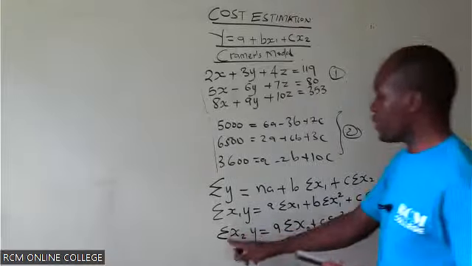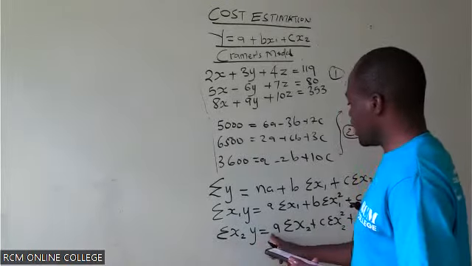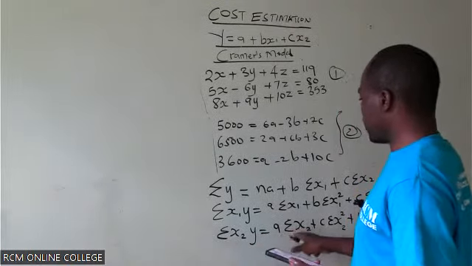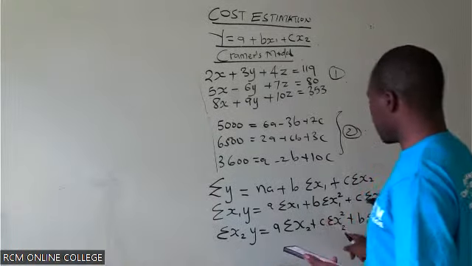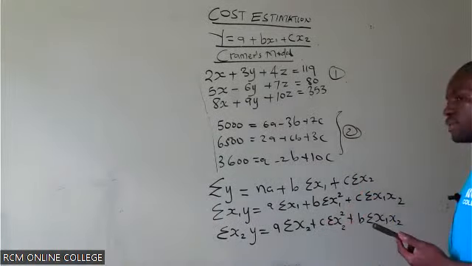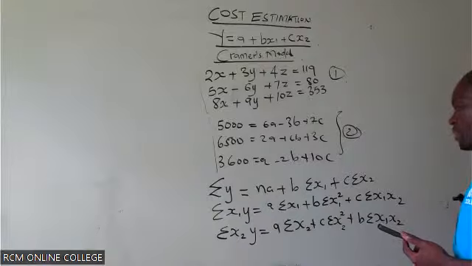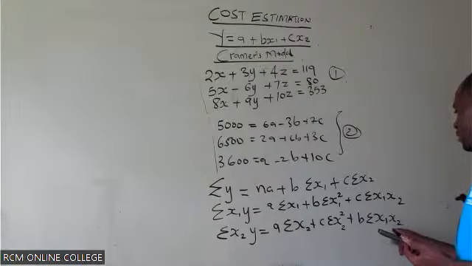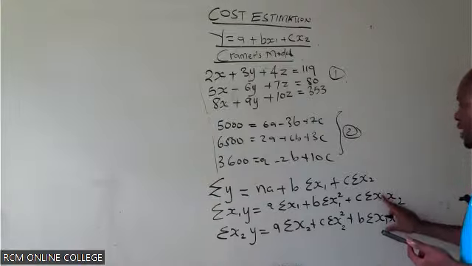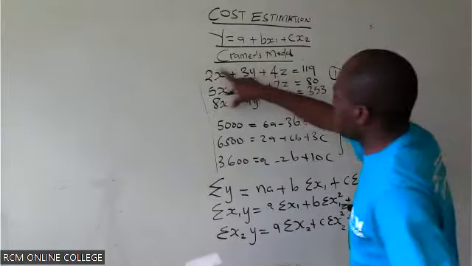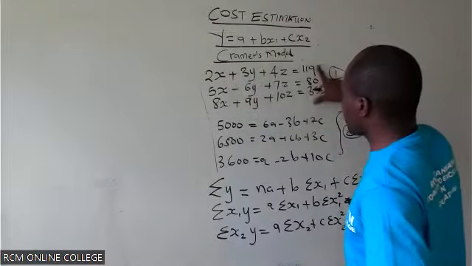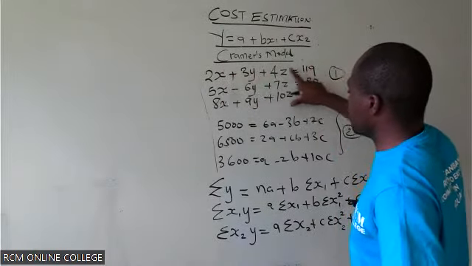Then summation of X2 Y equal to A summation of X2 plus C summation of X2 squared plus B summation of X1, X2. If you follow this very well, you'll be able to arrive at these functions here.